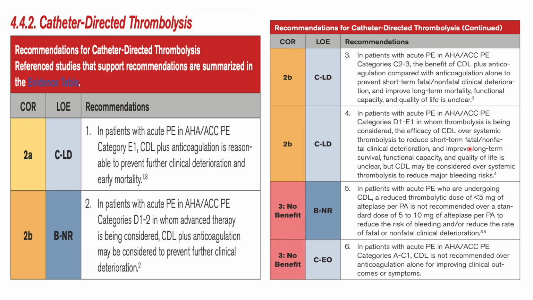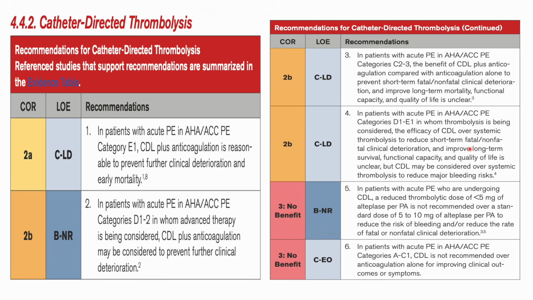And if you look at categories D1 to E1, where you are considering thrombolysis, again, if you look at the efficacy and long term survival, then you think that this patient may have more systemic side effects, then you may consider these therapies, but it is a grade 2B recommendation.